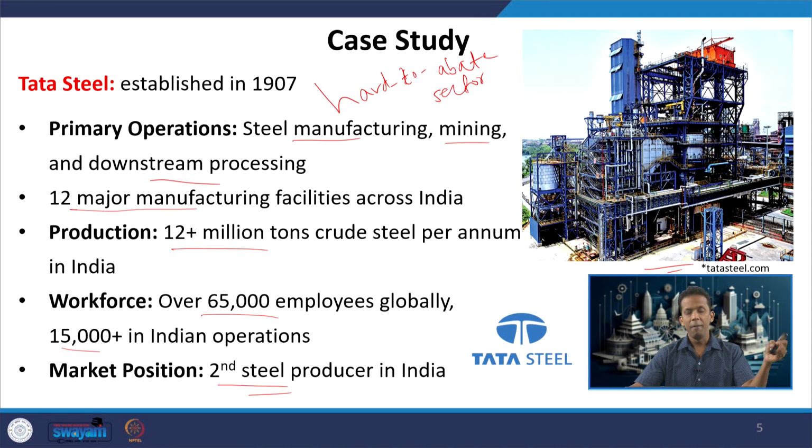But sectors like steel, cement, iron, mines are hard to abate because these are highly energy intensive operations where you have to extract material from the core of the earth, and it is going to consume a lot of energy and have a lot of environmental impact. So, this was a very good example to take as a case study so far as ISO 14001 certification is concerned.